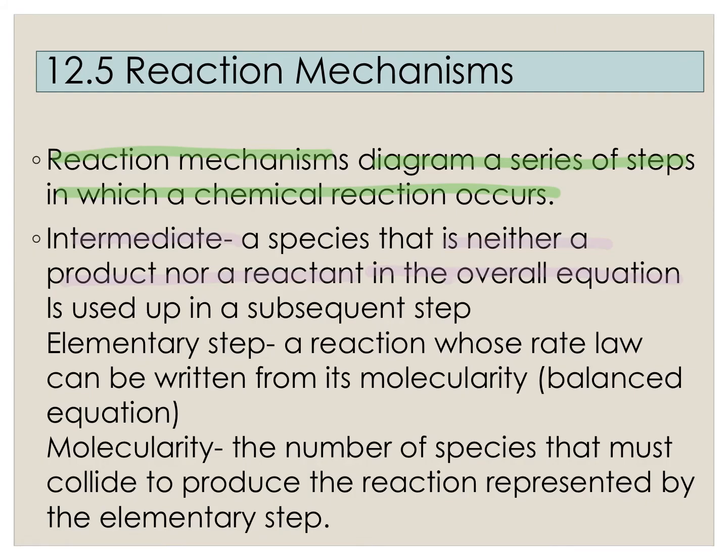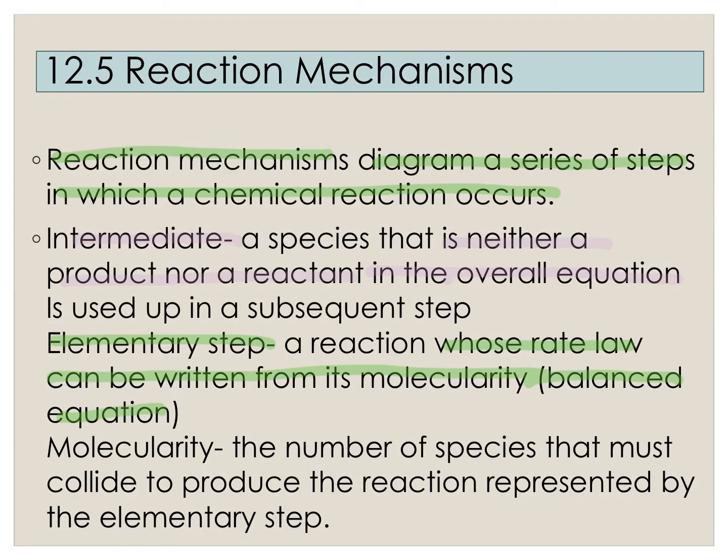An elementary step is that simple step. It's a reaction whose rate law can be written from its molecularity, aka its balanced equation. So the best reason to make a reaction mechanism, to break down this reaction into its simple steps, is you can actually write the rate law off of just a simple step. And we're going to look at this.